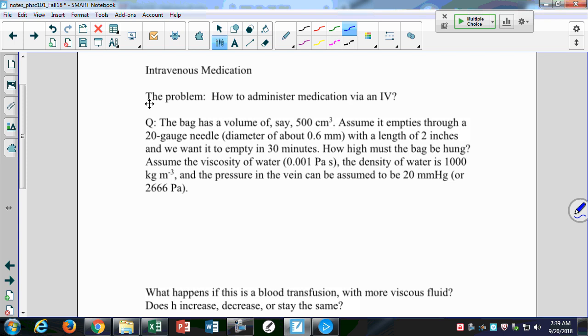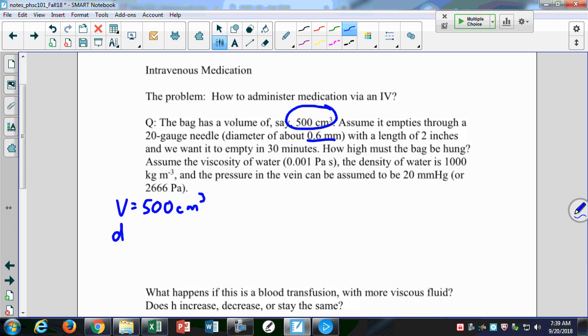So, as we read through this question, we want to pick out the things that are given. I have a bag that has a volume of 500 cubic centimeters. I'm just going to write down these known things. It empties through a 20 gauge needle, and that has a diameter of about 0.6 millimeters.